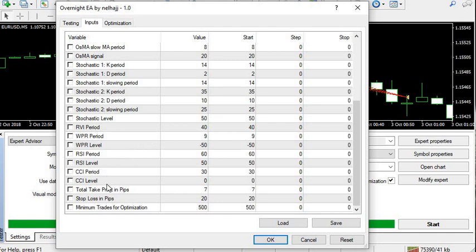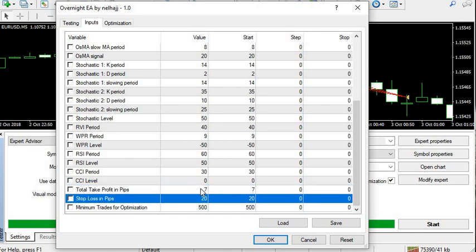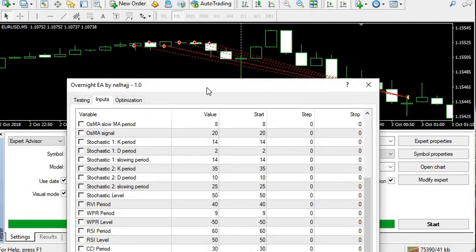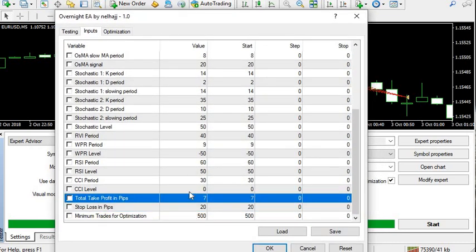Now, the total take profit in pips is, as we said, the average take profit. And if we set it to 7, like it is here, and we had 6 trades, like in this example over here, then we would wait until our total profit is 7 times 6, which is 42.